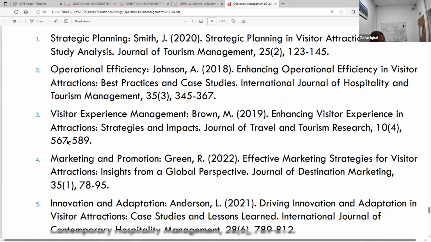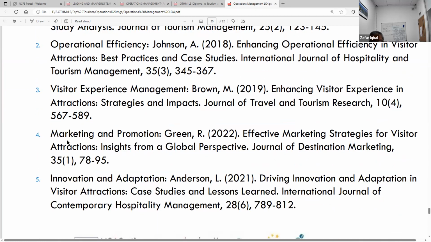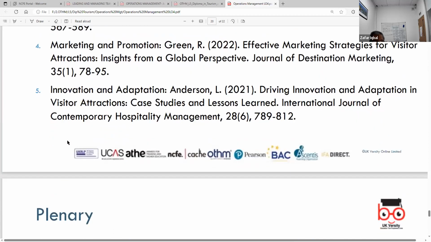There are other studies that you can look through. You can read different case studies and see how this is applied in practice, what the management system looks for, how they manage, how they survive, and so on.